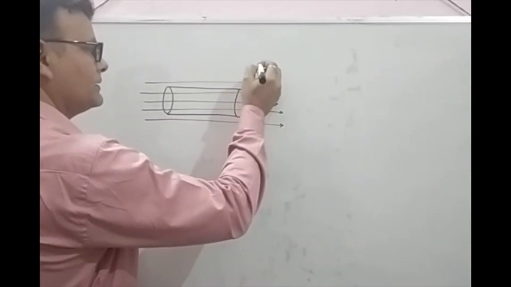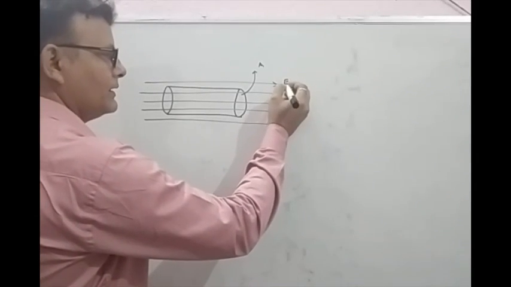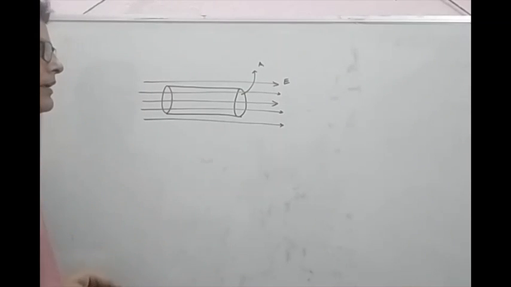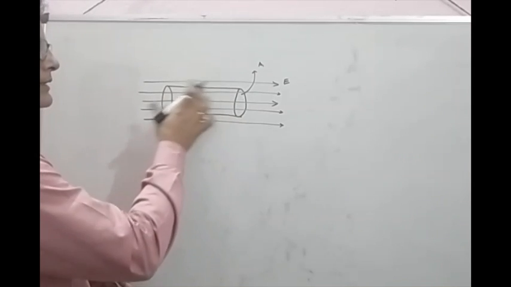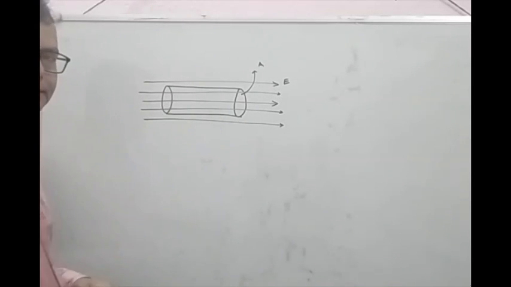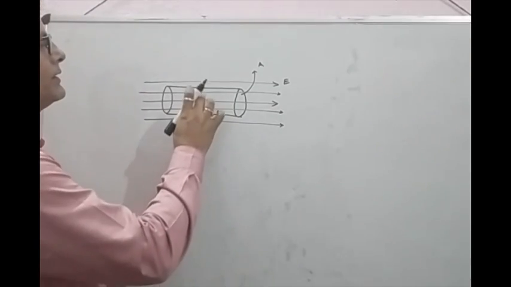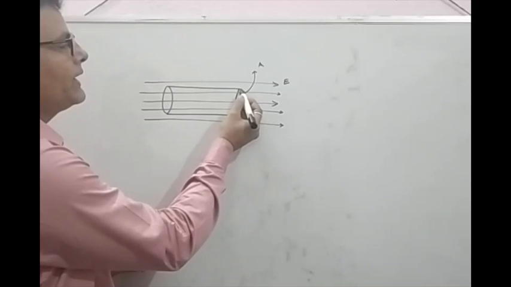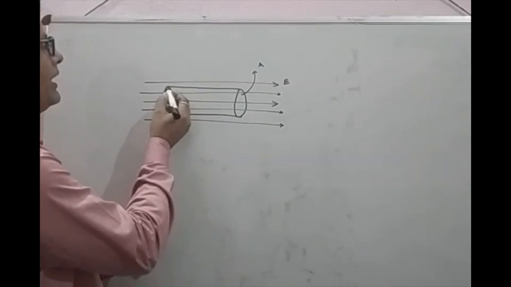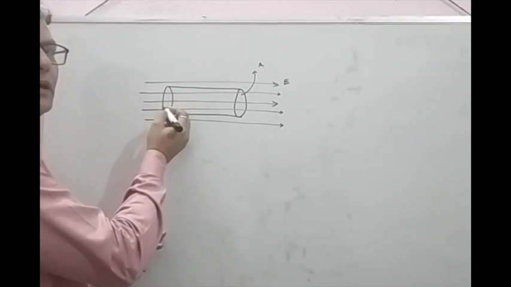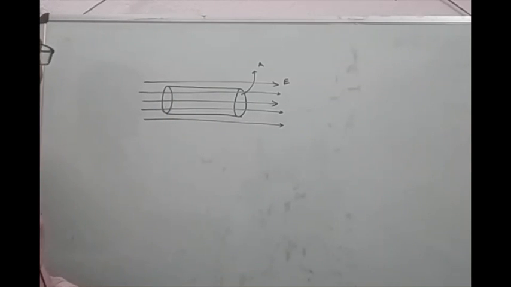This area is A and electric field is E. Suppose we have to calculate electric flux through this cylinder. This is a closed surface. The cylinder is closed by here a circular area and here another circular area. So it is a closed surface.